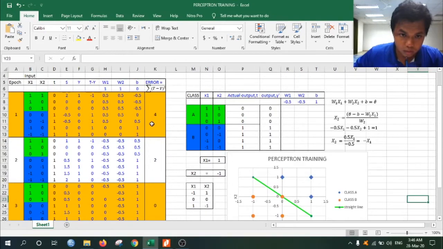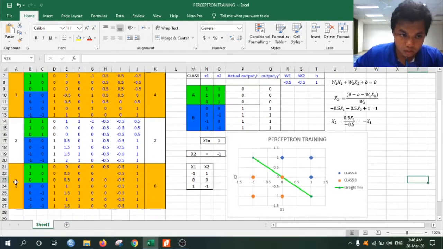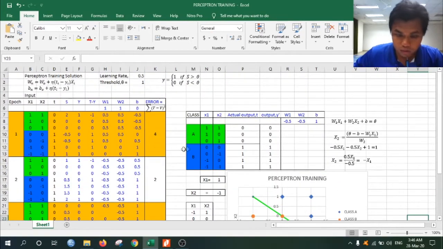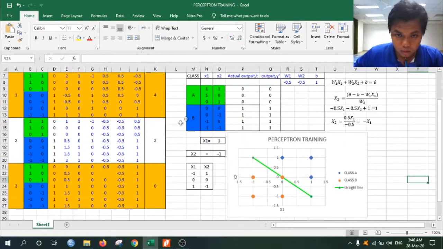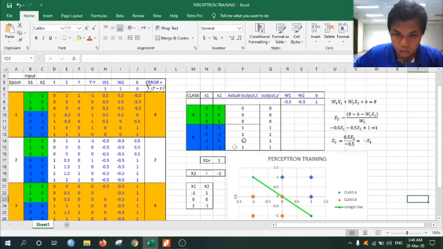And this is the error. As you can see, the third epoch has 0 error, and the first epoch has the highest error, which is 4. So we take the third epoch, and we take the weights, where weight 1 is negative 0.5, and weight 2 is negative 0.5.